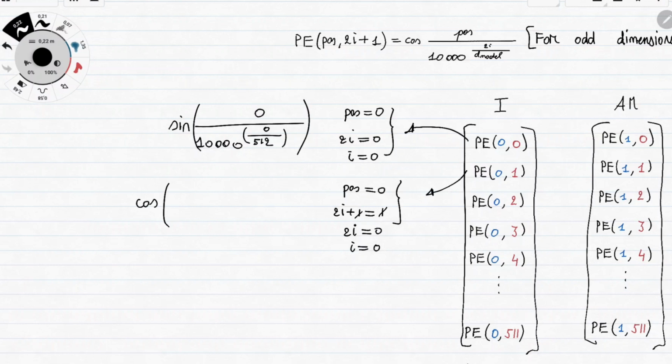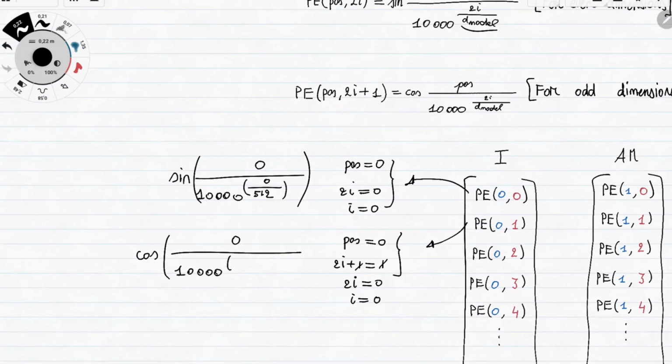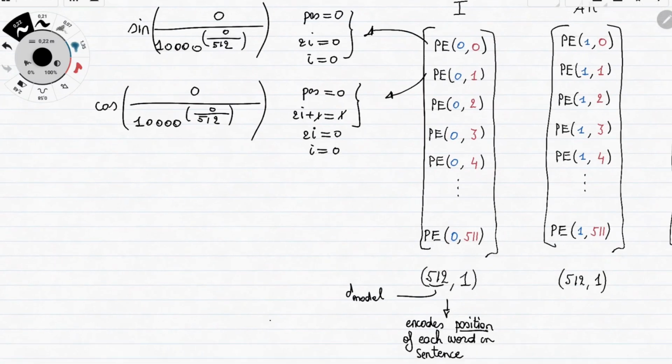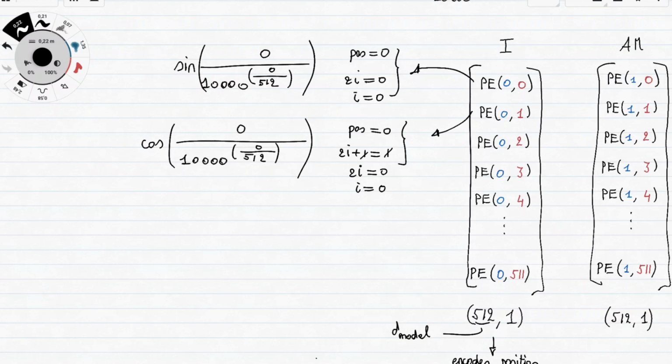If we plug this in, we get cosine of 0 divided by 10,000 to the power of, if you look at the formula, 2i over 512. So we can see that for the first two values of the vector, we have i equal to 0.